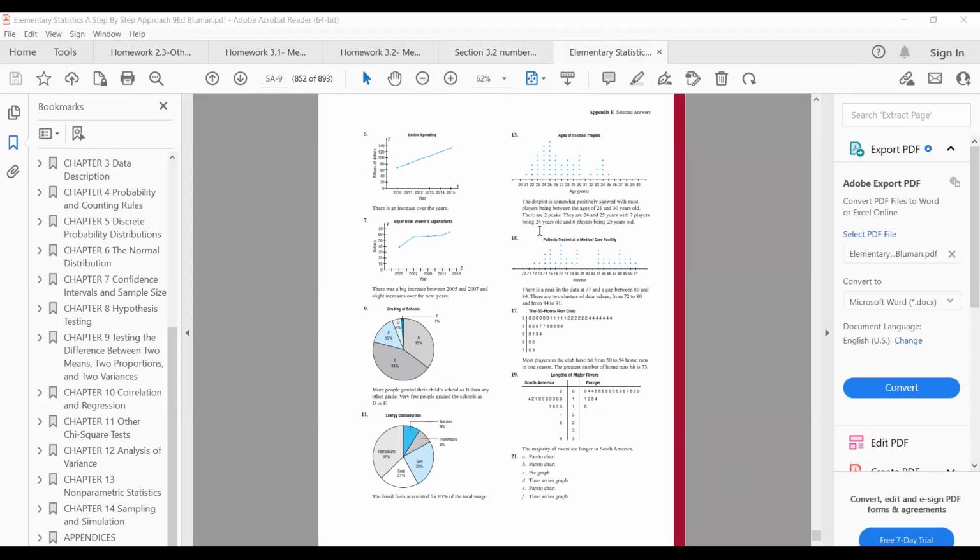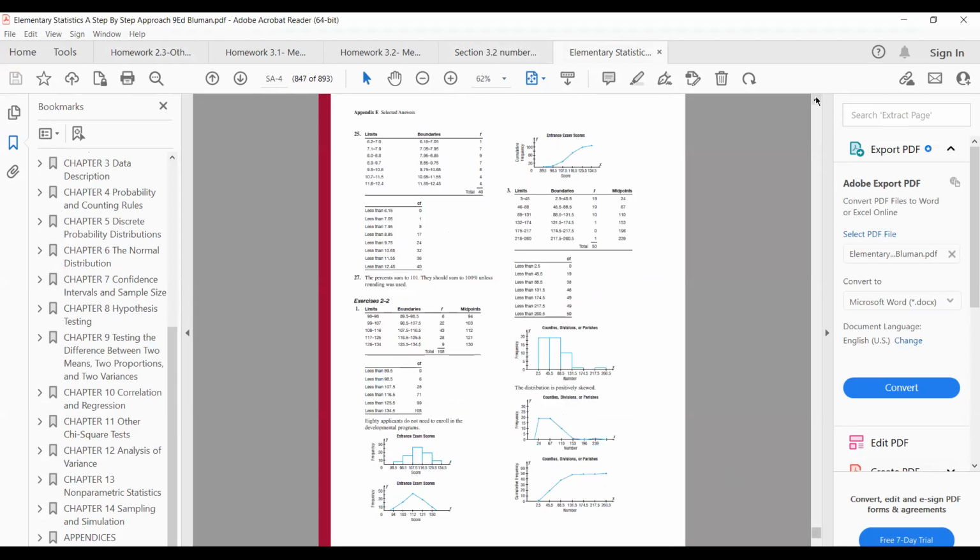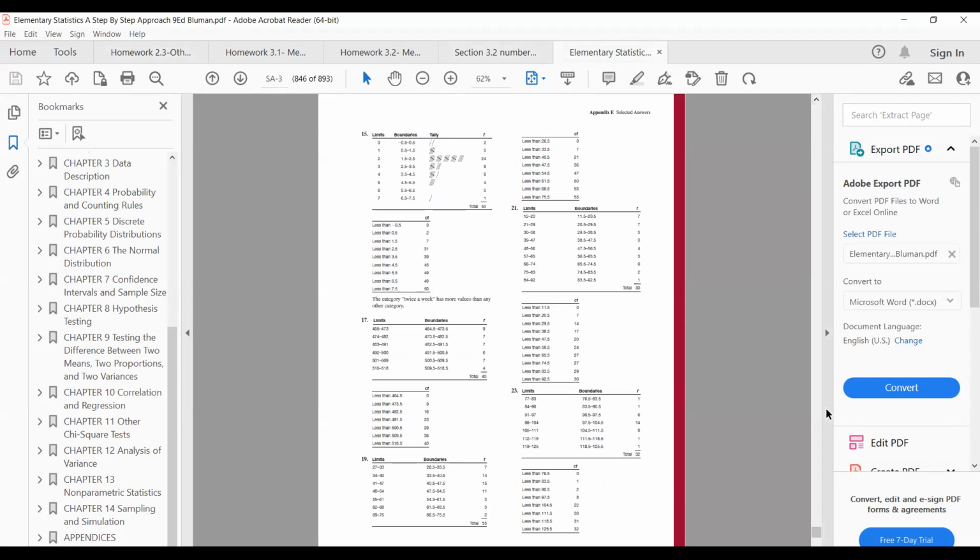So I want to see where that problem was that we did. I don't even see it on here. I'm going to have to look for it. Okay, so let me just do it this way.